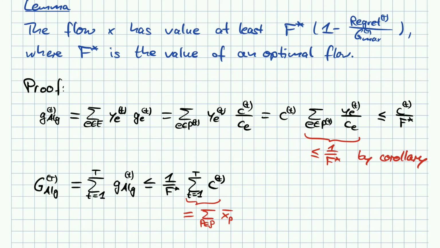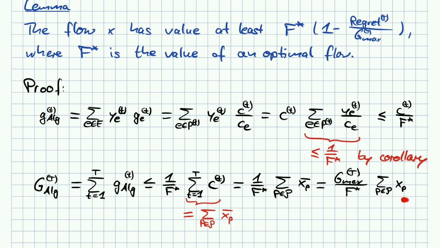Good. And how did this relate to our flow that we're computing? Well, this was exactly G max times the flow that we are computing, because we divided the non-feasible flow x bar by G max to get the flow that we are returning.